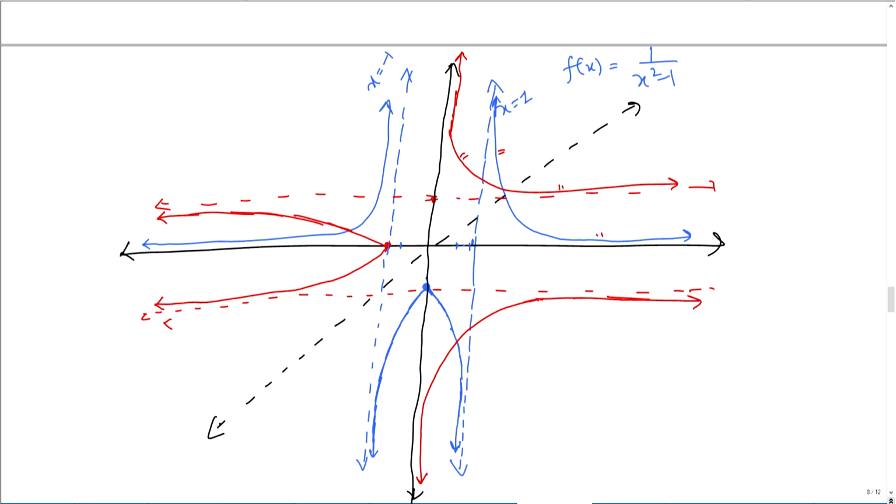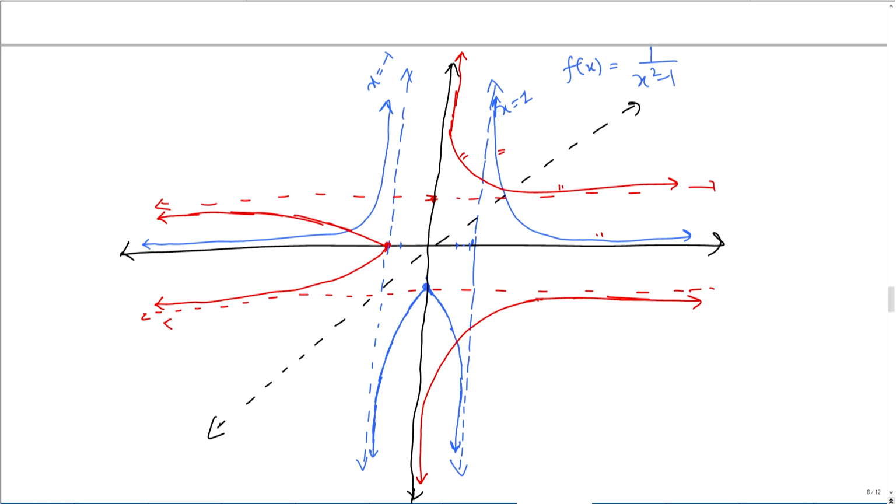Okay, so if you just focus on these red lines, this is how the graph looks. Everything in this quadrant allows all negative values of x less than or equal to -1. On this side, nothing is allowed in the region between x equals -1 and x equals 0. And this is how the graph looks on the other side.